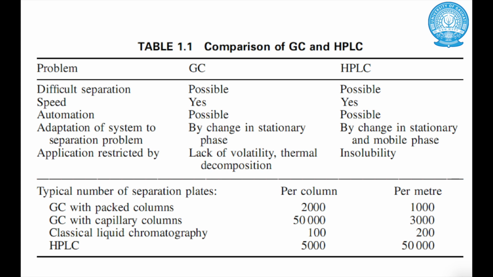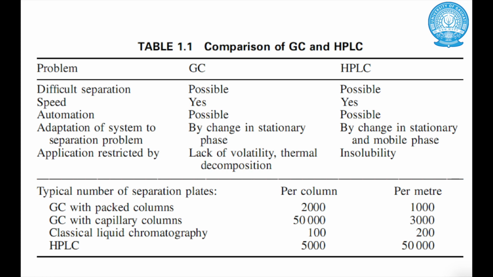One difference among them is difficulty in separation. Gas chromatography can easily separate compounds. HPLC can also easily separate compounds. The speed of separation may be fast in both the cases. These are the points of comparison, and the instruments which we are comparing are shown here, and how they fare in the comparison is listed out here.